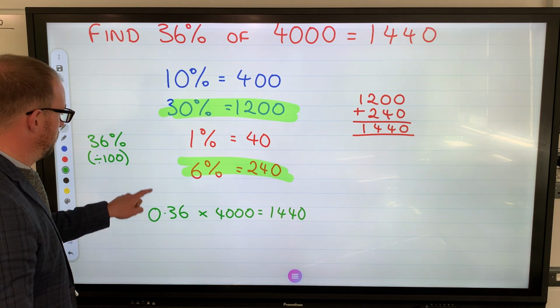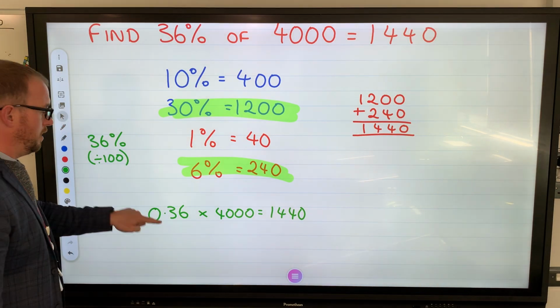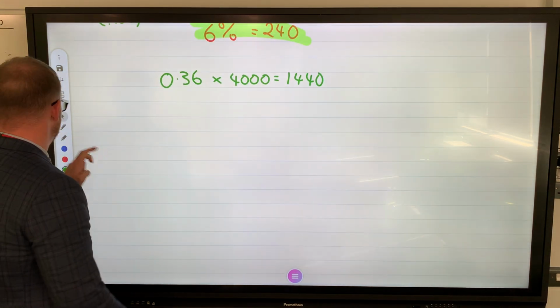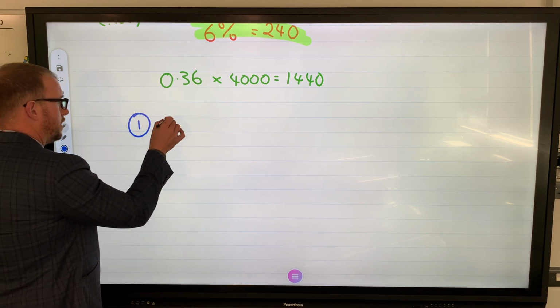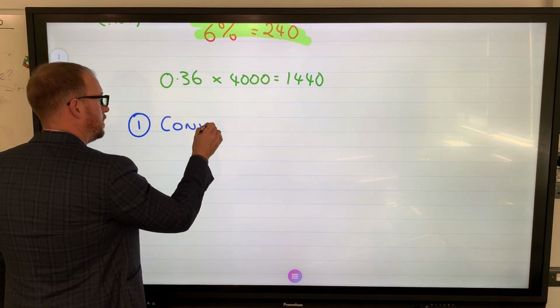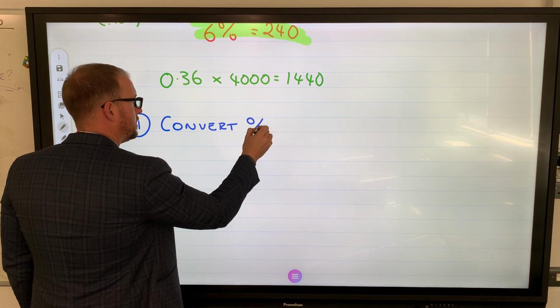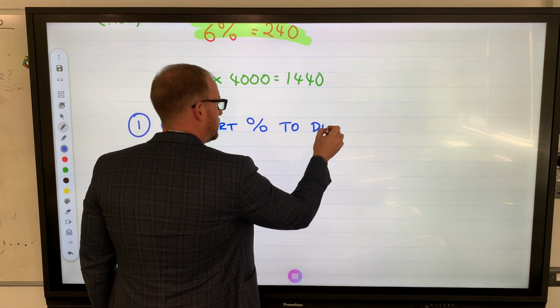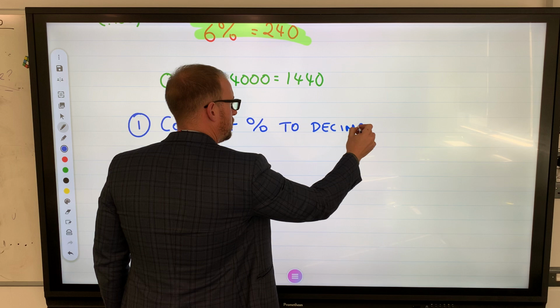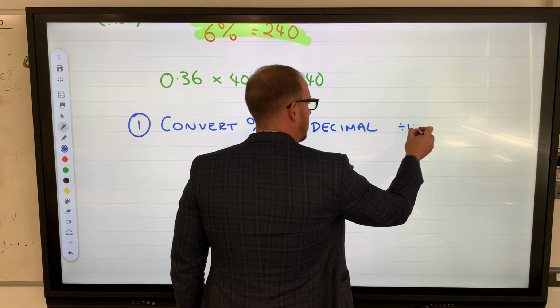1,440. So to use the calculator, first thing, convert the percentage to a decimal. I'll put here divide by 100.